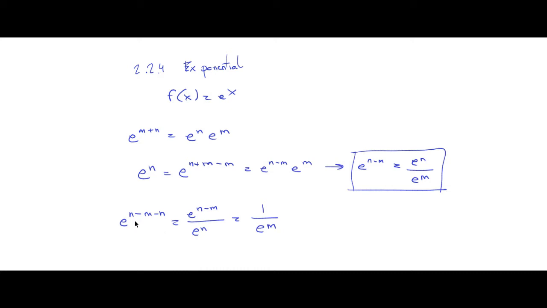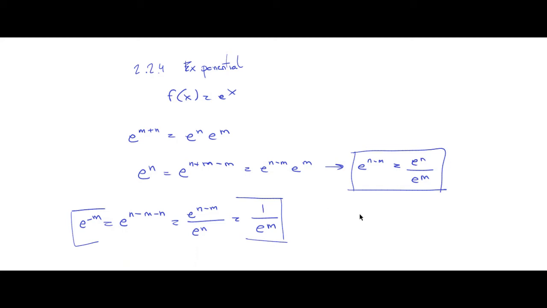But then n and n cancel each other out, so I have e to the minus m. So this is the definition of e to the minus m, an exponential to a negative integer: e to the minus m is 1 over e to the m.